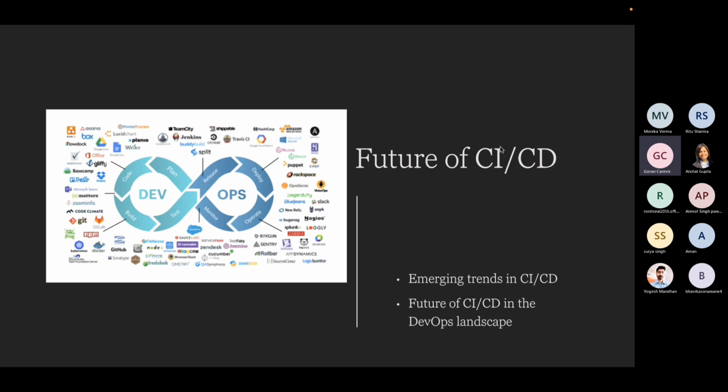Another trend is the greater use of cloud-native CI/CD, which is designed to work with cloud-based infrastructure as it becomes more and more widely adopted. This will allow us to take advantage of the scalability and cost effectiveness of the cloud while streamlining our software development process.